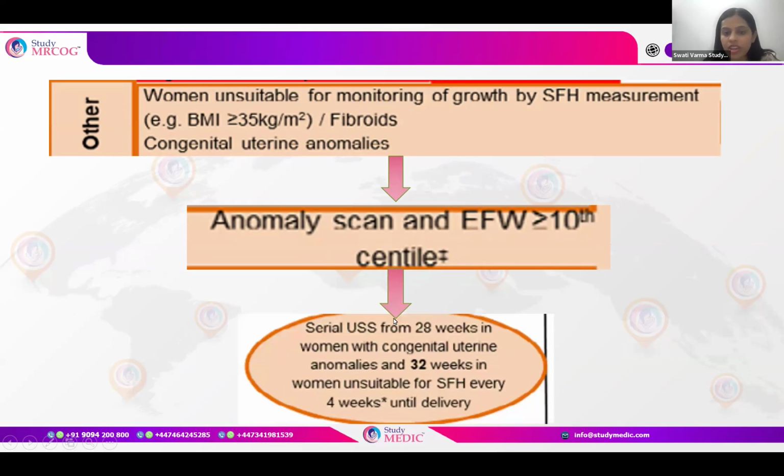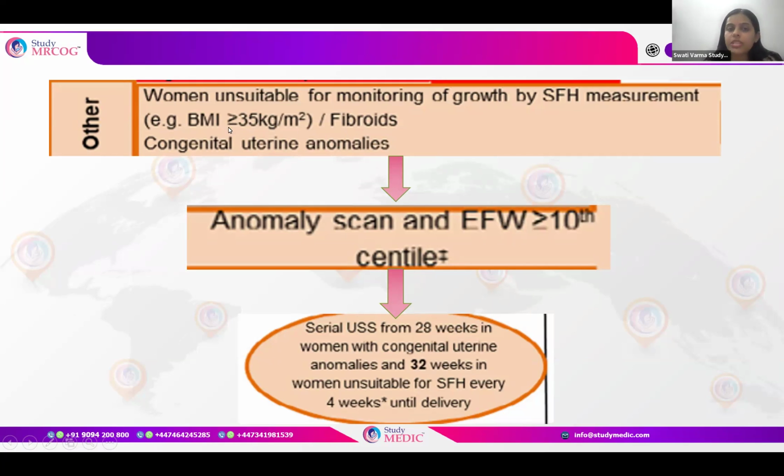If all okay, then you have to again offer serial ultrasound scan from 28 weeks in those with congenital uterine anomalies, and from 32 weeks in the women who are unsuitable for SFH, like because of BMI and fibroids, every 4 weeks until delivery. So remember, in congenital uterine anomalies, the only thing you have to do is serial scanning from 28 weeks, every 4 weeks.